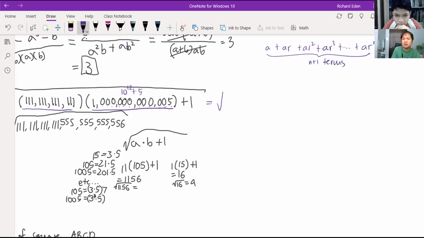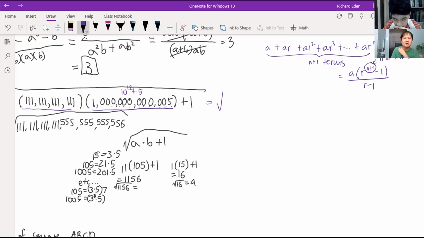The first term is a. We call r the common ratio. The formula is the following: a times r to the n plus 1 minus 1, divided by r minus 1. The exponent n plus 1 here is the number of terms. In what I wrote above, there are n plus 1 terms.